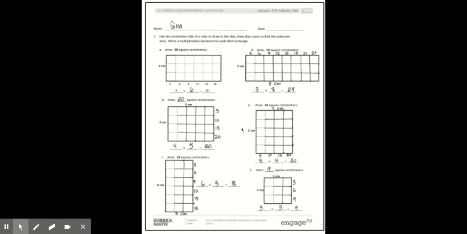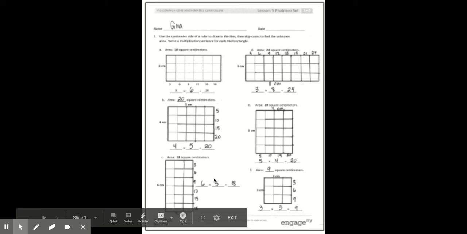The one over here, we know that it's 20 square centimeters, and we know that this length is 5. So 1, 2, 3, 4, 5. Now we need to know what size length this is. So 1, 2, 3, 4 centimeters. So 5 centimeters times 4 centimeters would be 20 square centimeters.